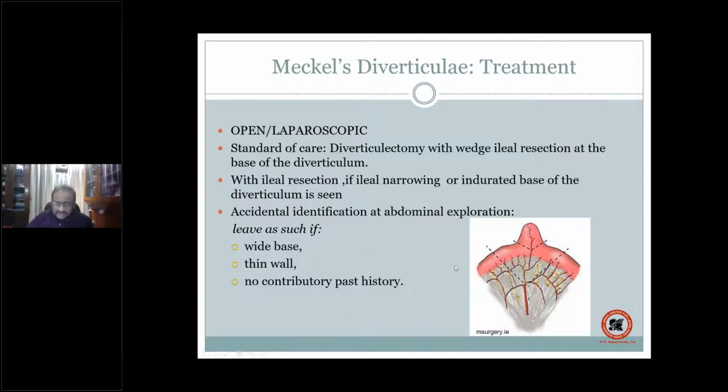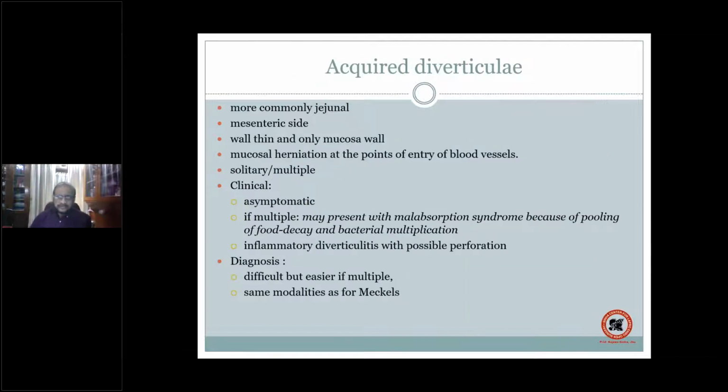No contributory past history, leave it as such. So the question of whether I should remove this Meckel's diverticulum that I've found on routine exploration can be partially answered by these three: the width of the base, the thinness of the wall, and of course a contributory past history.